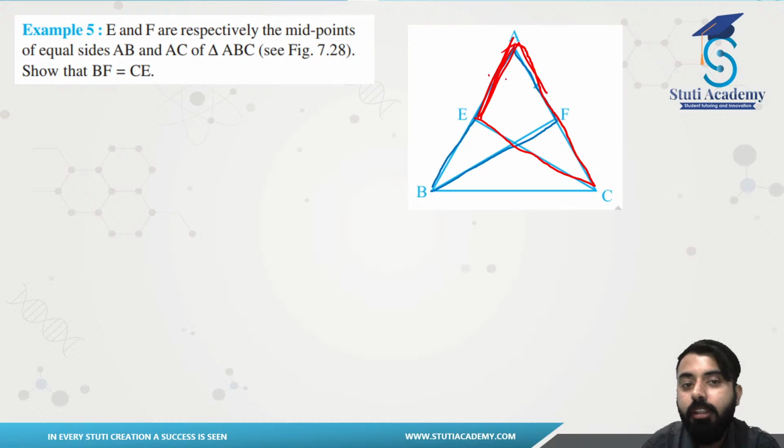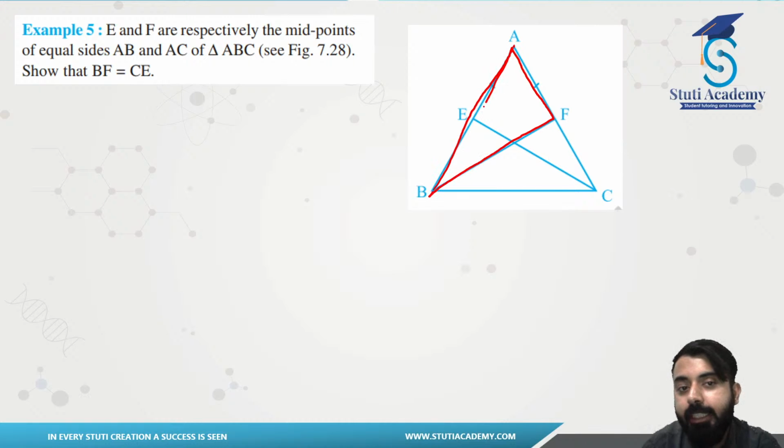Now you see, this side is equal to that one, and what else do we have? This angle is common. If I had taken this triangle right here, in this I knew this complete AB. If I had taken this triangle, it was equal to this complete AC, right?